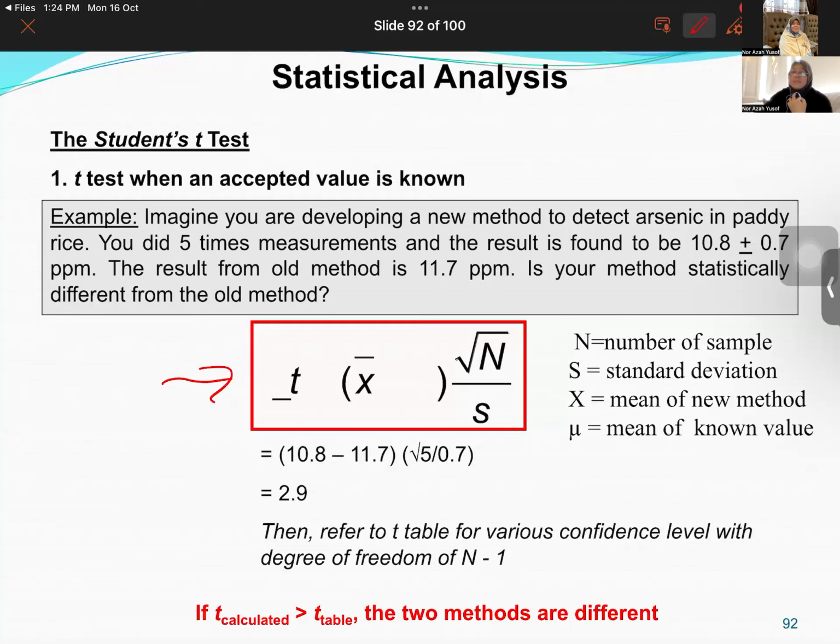Let me look at the PDF slides. Just a moment.